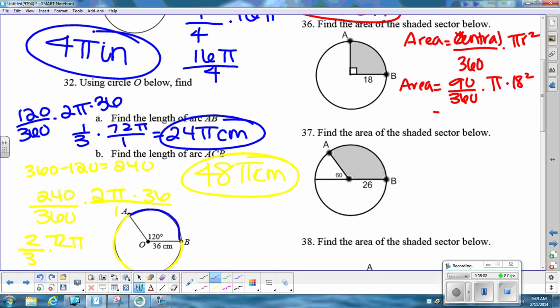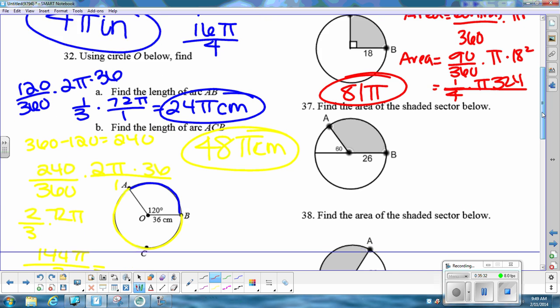So this is 1/4 pi and then 18 squared is 324. So I get 324 divided by 4. So my answer is 81 pi. And since we don't have any units in the problem, we don't need any units in our answer.